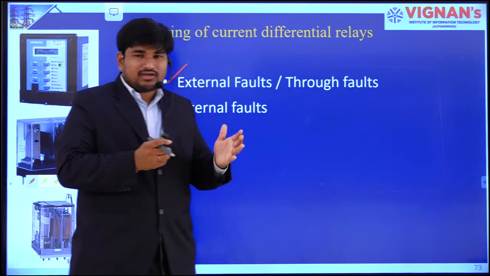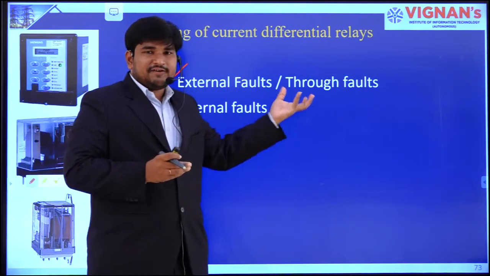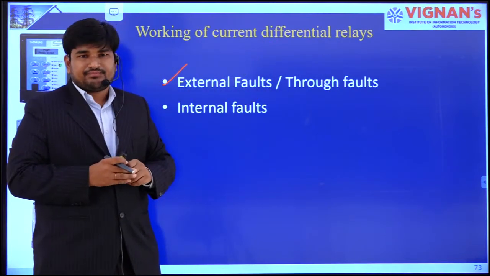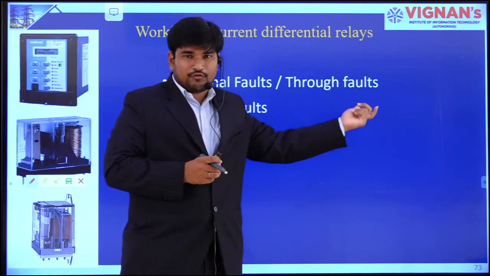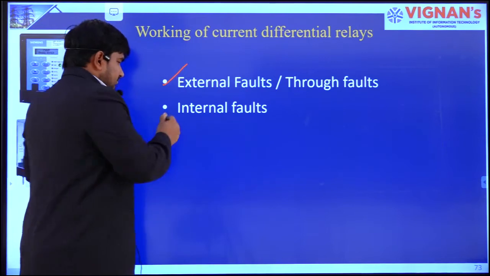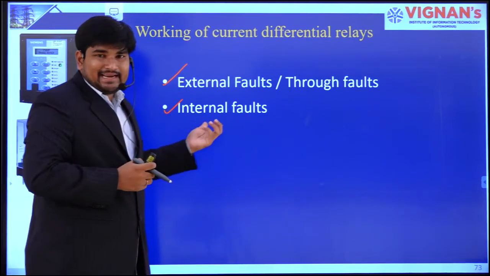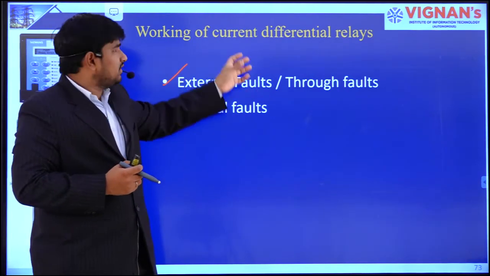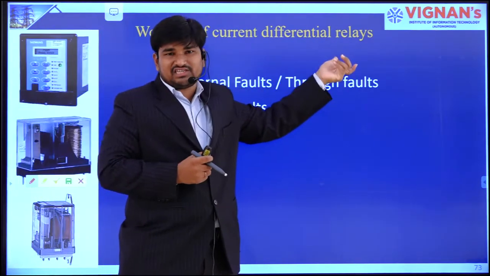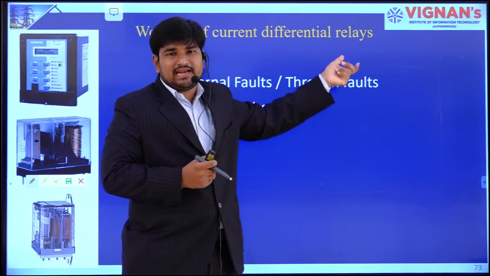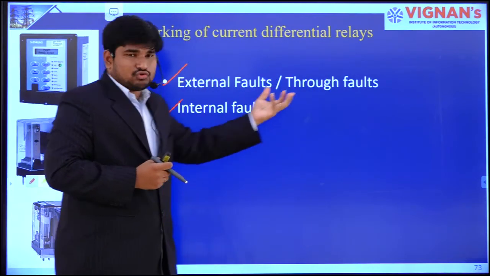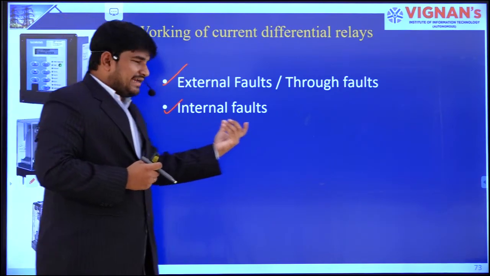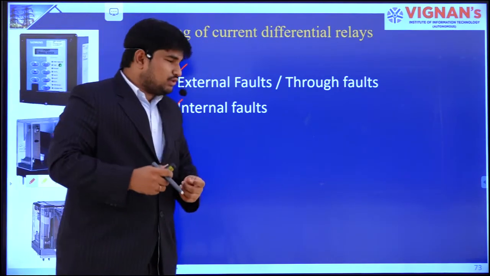Through faults are nothing but faults which are not in the zone of the differential relay. And the next one is internal faults. So these two cases we will analyze with the help of differential relays: how the differential relay will act for through faults, and how it will act for internal faults. So let us see that.